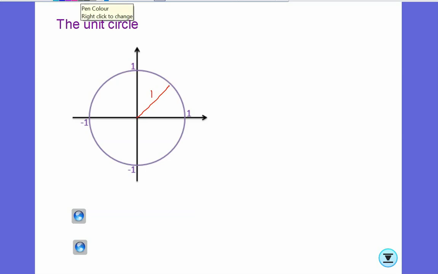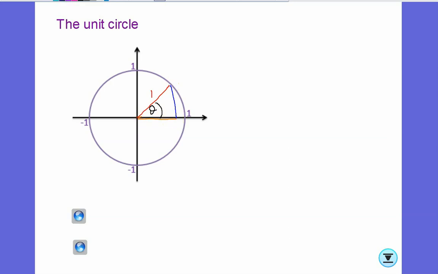Now, when I draw these lines from the center that are not on the axes, so any of these points here that I'm showing you with my pen, I'm in control of where I draw it. So that angle would change all of the time. When I draw this radius in with this new angle rather than 0 or 90, I get a vertical distance and I get a horizontal distance.